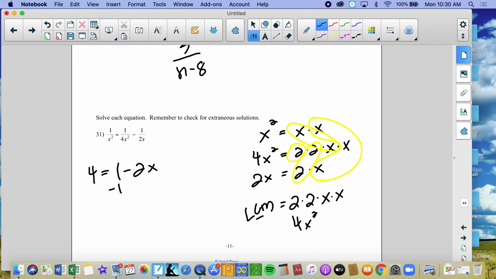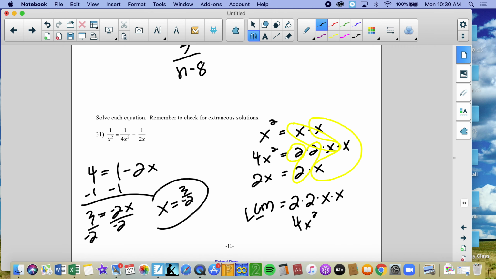So I'm going to isolate for x. I get 3 equals negative 2x, divide by negative 2, x equals 3 over negative 2, or negative 3 halves. Now it says check for extraneous solutions. Those are solutions that when we plug them back in, make the denominator 0. So if I plug in negative 3 halves into this, does that make 0?